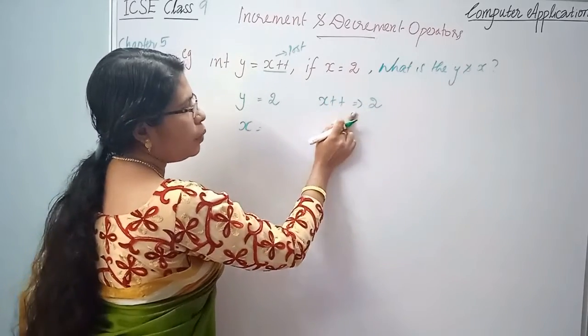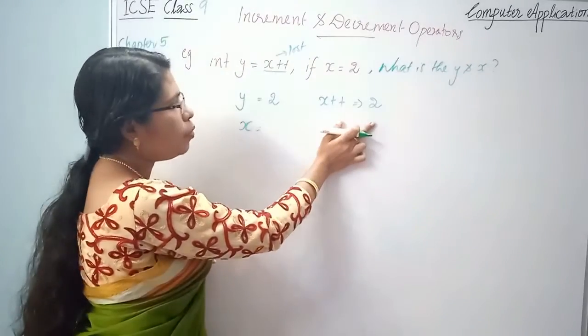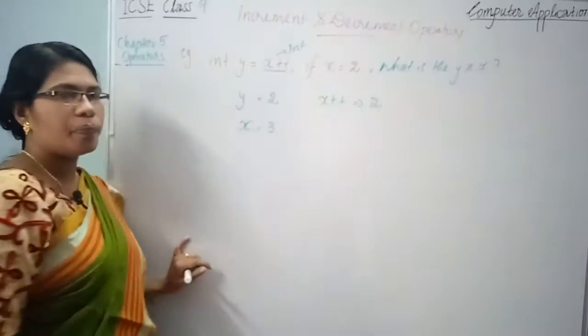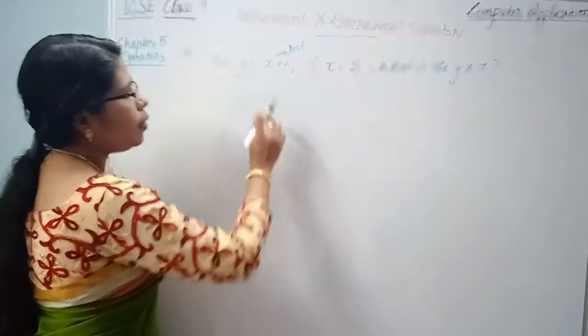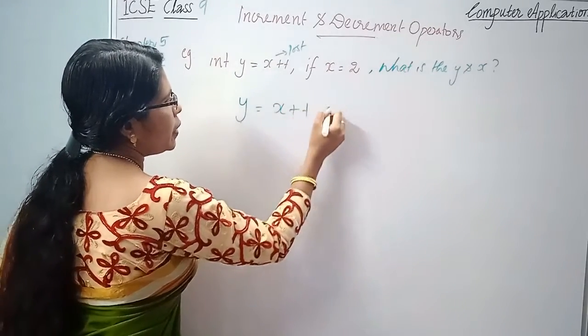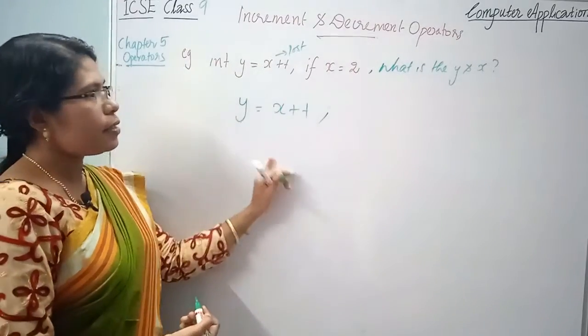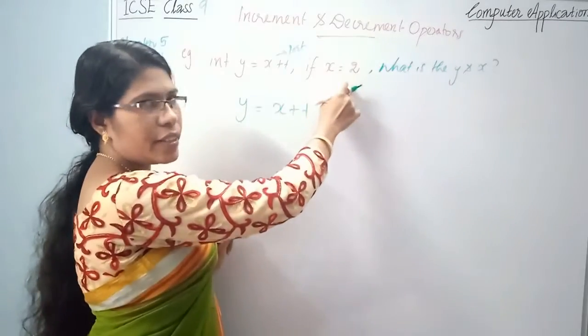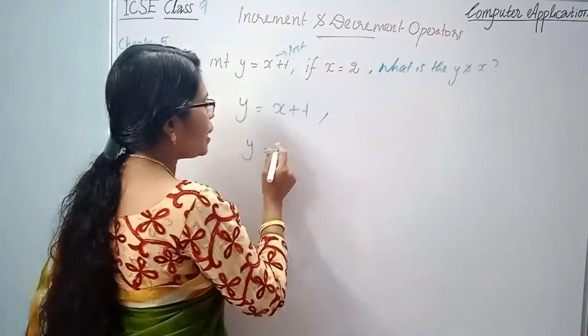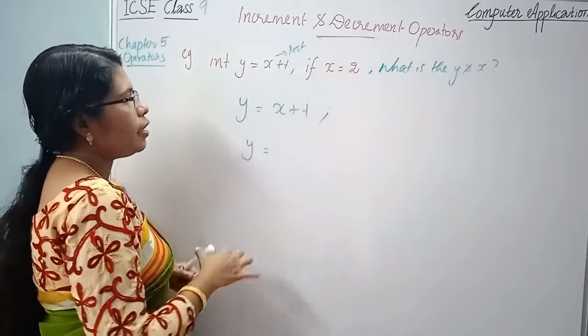After using the value, x plus plus, that is 2, increases the value by 1. So now the updated value of x equal to 3. Once more, y equal to x plus plus. This is the expression. In this expression, we need to substitute the value of x equal to 2. X is assigned as 2. So y equal to x plus plus is a post increment.